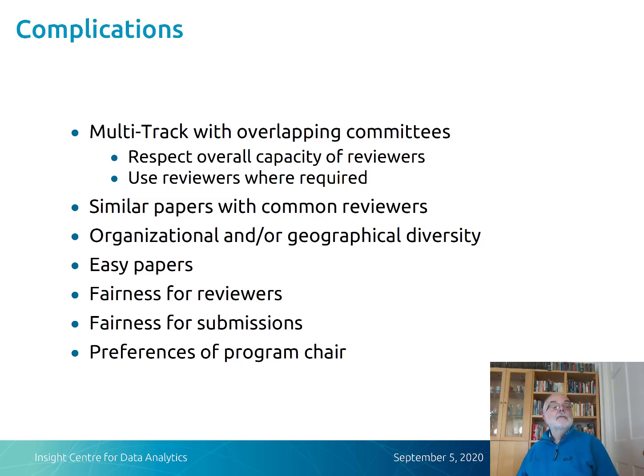If we have some non-preferred papers to assign, these should be spread out over the reviewer pool. And then we want to include preferences of the program chair so that as a program chair we can still control and modify the assignment to actually find a better assignment of reviewers for papers.